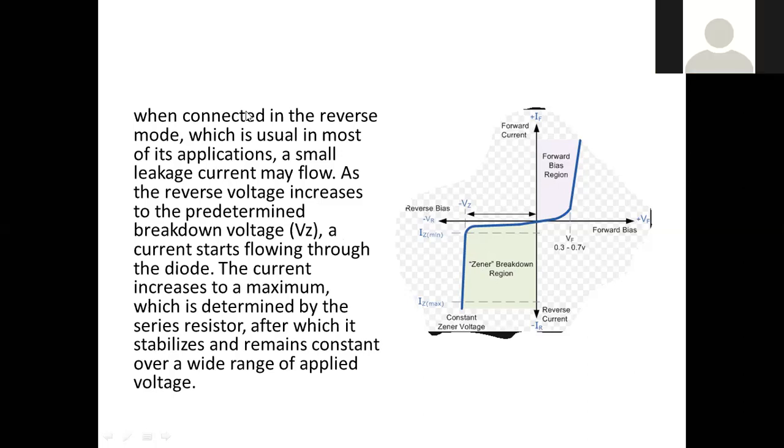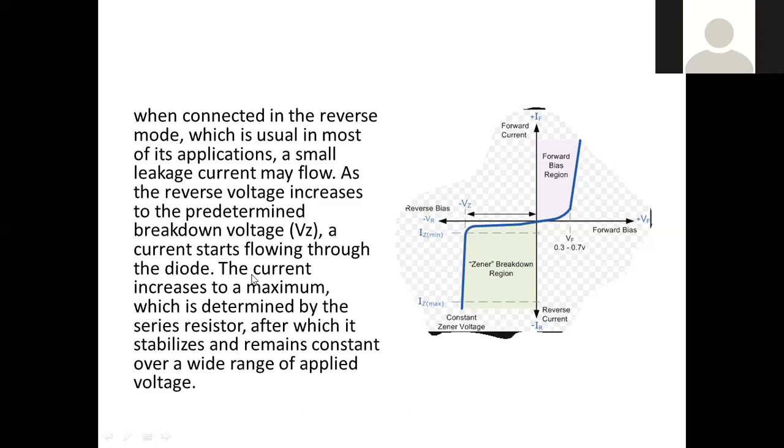When connected in reverse bias, a small leakage current may flow. But as the reverse voltage increases to a predetermined breakdown voltage, the Zener voltage, current starts flowing through the diode, even though it is in reverse bias.